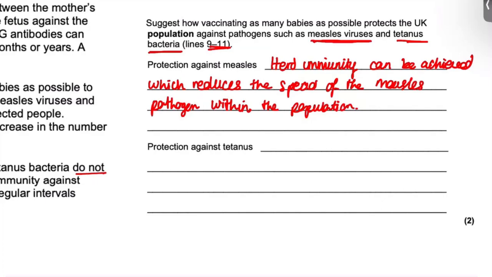So vaccination, in fact, is not really going to provide protection against tetanus for the population, because it is only going to protect that individual once he's been vaccinated. So the key concept over here is that no herd immunity is formed. Only the vaccinated individual will be safe.